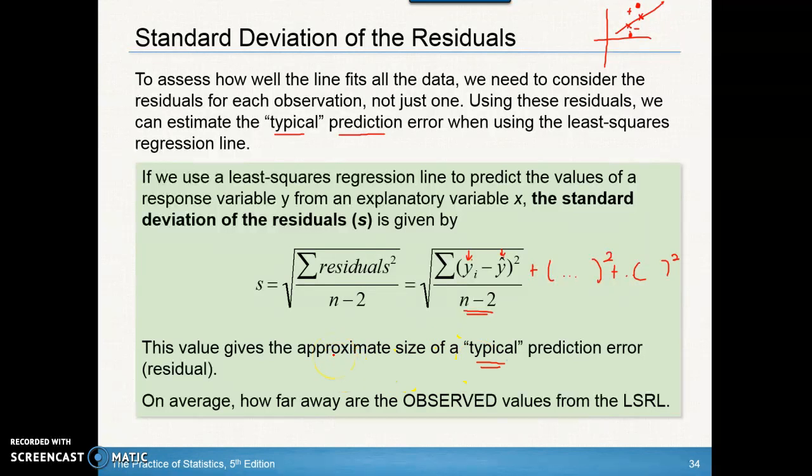So basically what the standard deviation of your residuals tells us is, on average, how far away the observed values are from the least squares regression line, or your line of best fit, or your predicted value. So if we're taking a look at a graph, and we have residuals above and below, the standard deviation of the residuals is, on average, how far these residuals are from the line.